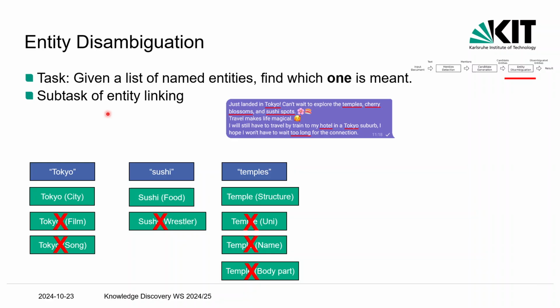Oftentimes it's a ranking algorithm where we attribute different kinds of scores to each candidate entity, and then we just take the topmost one. As such, we can filter out all the ones that are not relevant for our current use case.